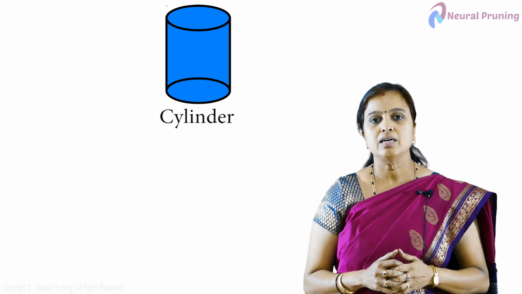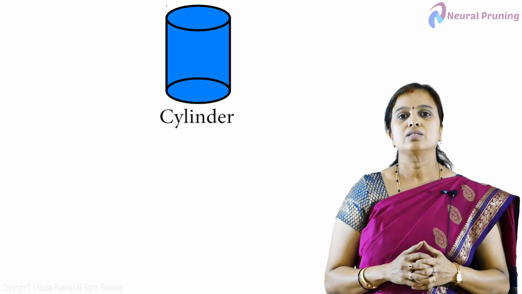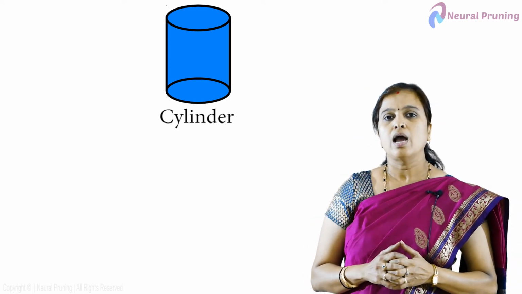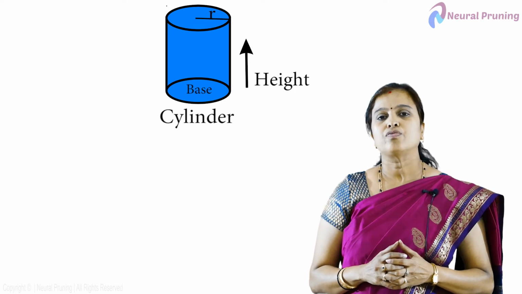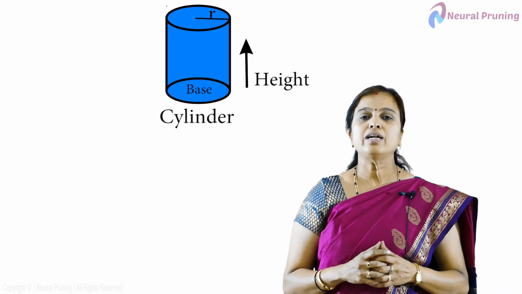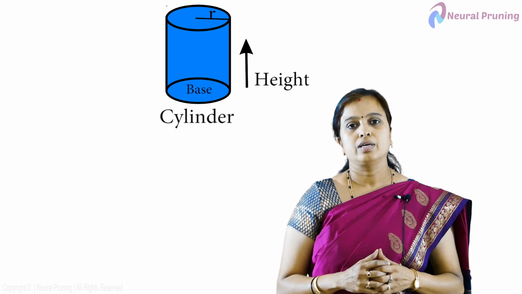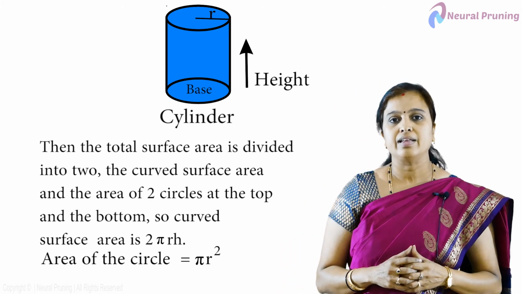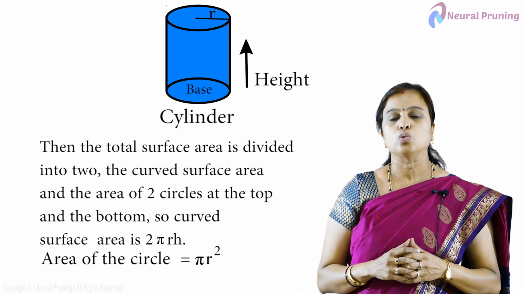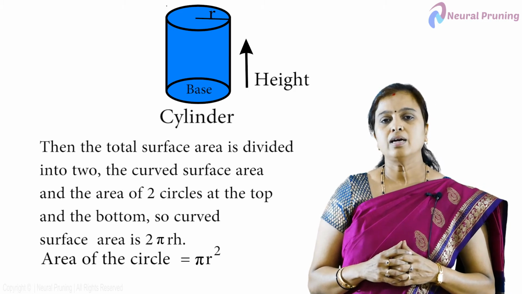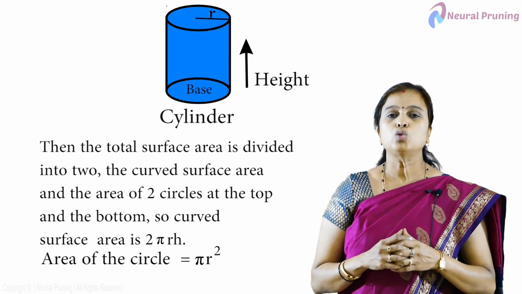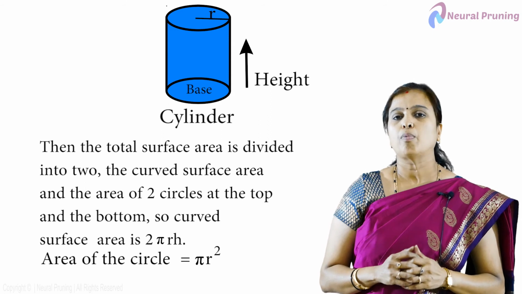When we take a cylinder, consider a right circular cylinder having the radius of the base r, and the height of the cylinder is h. Then the total surface area is divided into two: the curved surface area and the area of the two circles at the top and at the bottom.